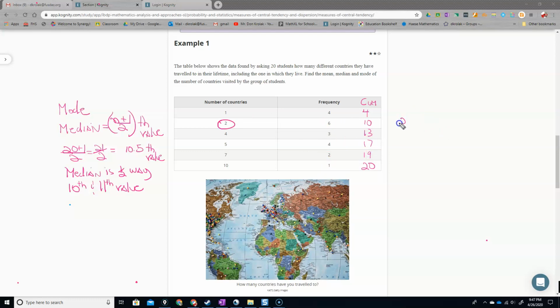Okay, so I had 6 2s, and this was the 10th value. The 11th value was 4. So halfway between that, we'd say our median is 3 countries.